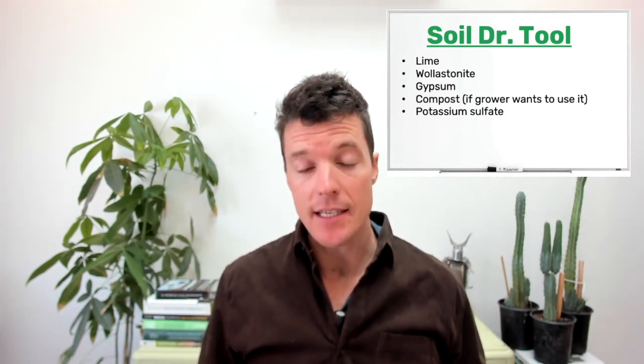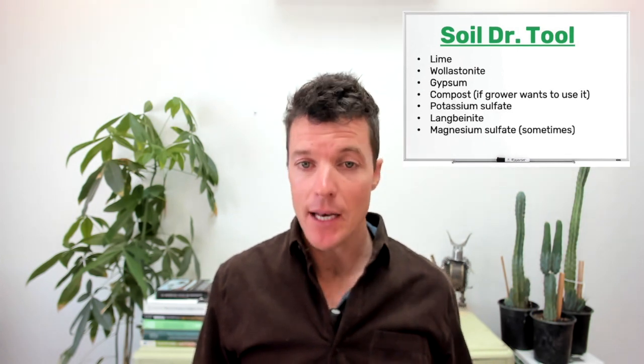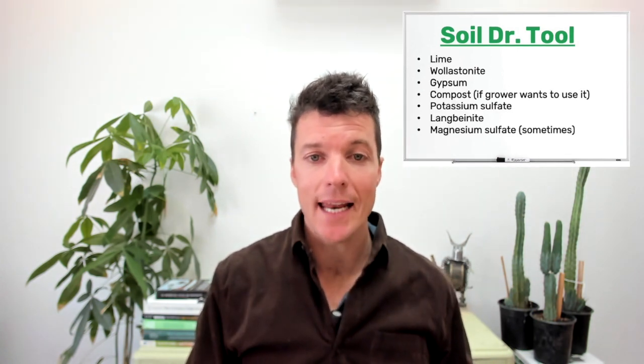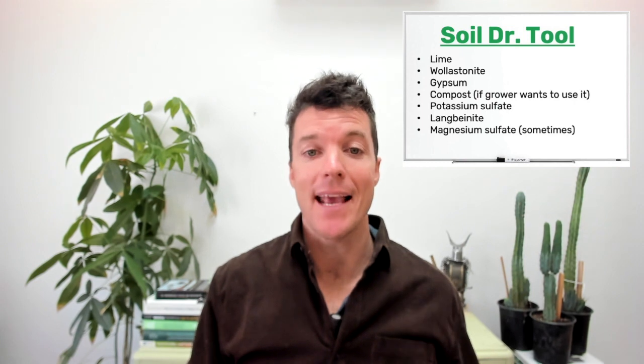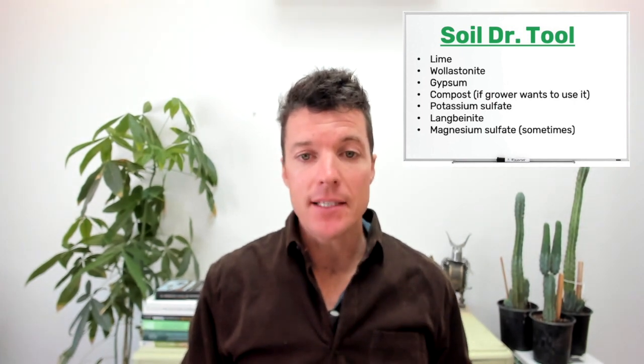In other instances, it might recommend langbeinite, which is an organic source of both magnesium and potassium. The amendments it recommends are customized to each soil test and the inputs you enter about your operation. This tool is the pinnacle of nutrient management for organic production, especially in peat-based medias, and it happens instantaneously.